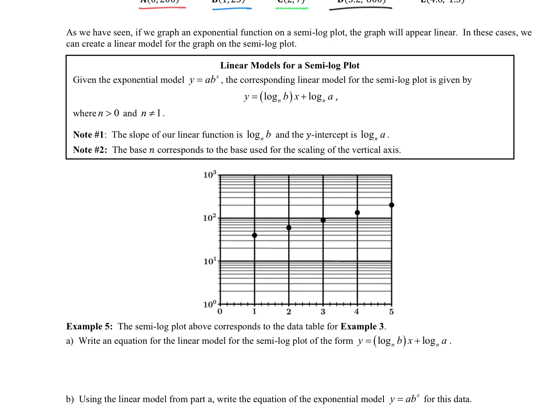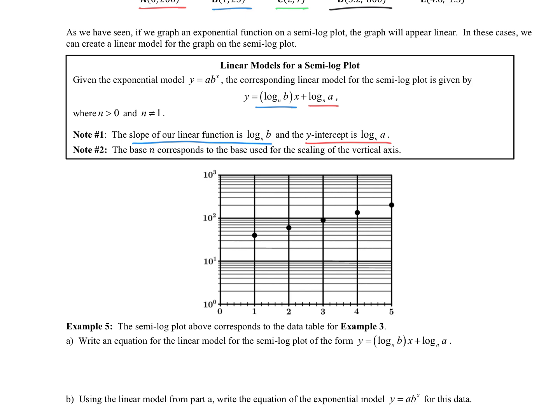Given the exponential model y equals a times b to the power of x, the corresponding linear model for the semi-log plot is given by y equals log base n of b times x plus log base n of a, where n is greater than 0 and n does not equal 1. Note number 1, the slope of our linear function is log base n of b, and the y-intercept is log base n of a. And note number 2, the base n corresponds to the base used for the scaling of the vertical axis.